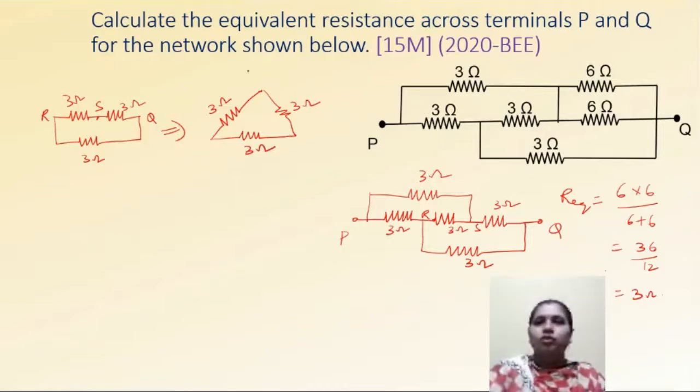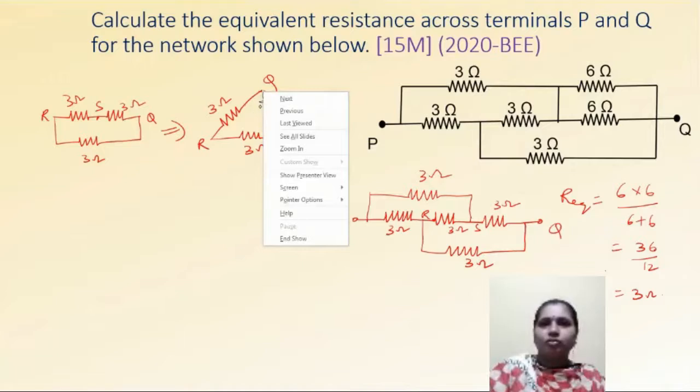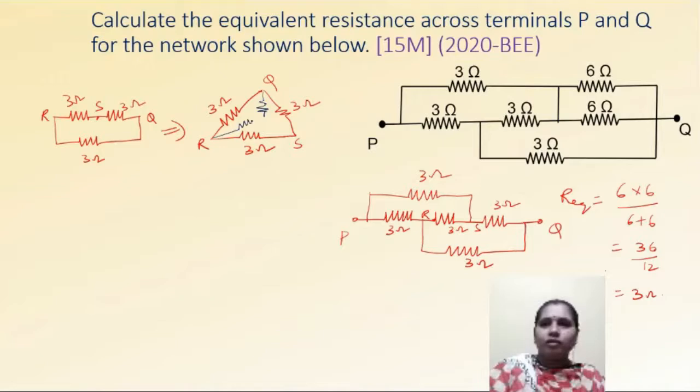Okay, so this is suppose R, S, and Q. Okay, so I am converting star into delta, sorry, delta into star. So I am drawing a star circuit. So this is Q, so it is R_Q. This is R, so it is R_R. This is S, so it is R_S. Okay, now what is R_Q?